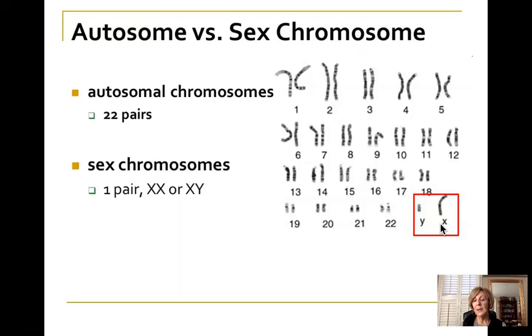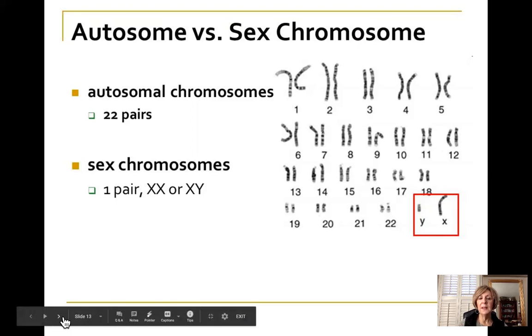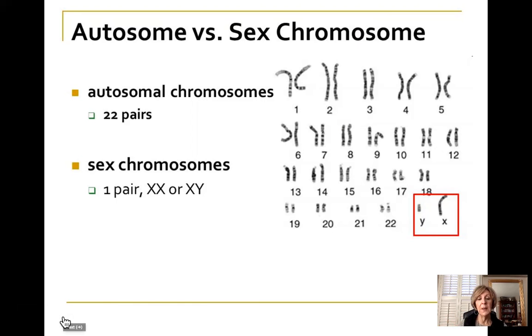So in humans, you can't have a fully functional embryo that has 2 Ys. You have to have at least 1 X because there's other genes on that X chromosome that are necessary for life. So the last pair are called the sex chromosomes, and they can either be XX for a female or XY.